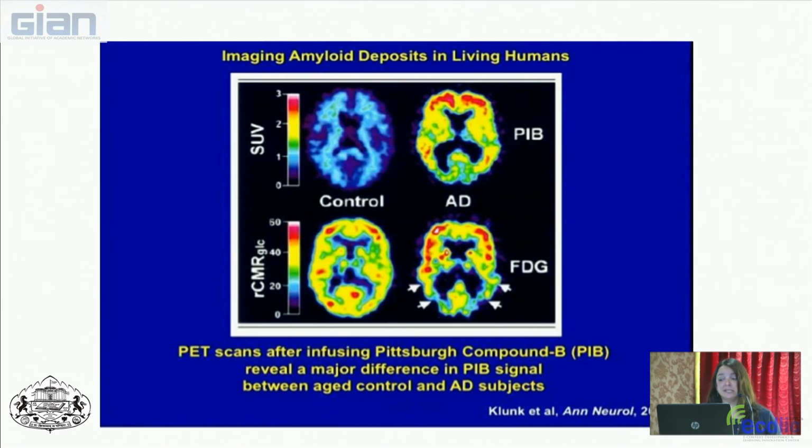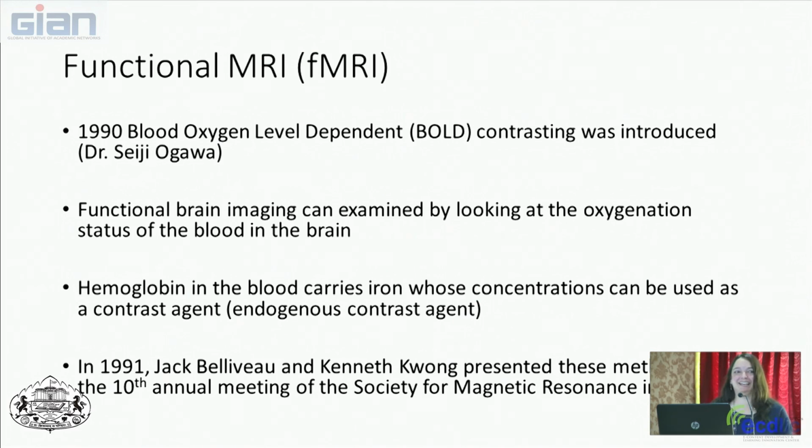Because this technique was so early, they weren't sure at the time whether these people were going to go on to develop Alzheimer's disease, or if some people just had these plaques in their brain at a baseline level. So it got kind of scary, and no one wanted to get in the scanner and be a control because no one wanted to know if they had plaques in their brains or not.